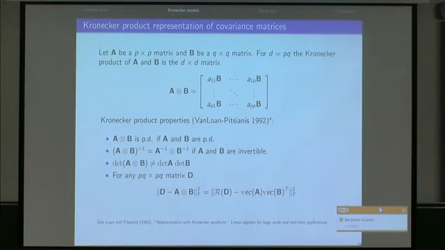The Kronecker product has lots of nice properties. A Kronecker B is positive definite if A and B are, which means that we have an invertible Kronecker product if the factors are invertible. In fact, the inverse obeys a really nice relation: the inverse of the Kronecker product is the Kronecker product of the inverses.